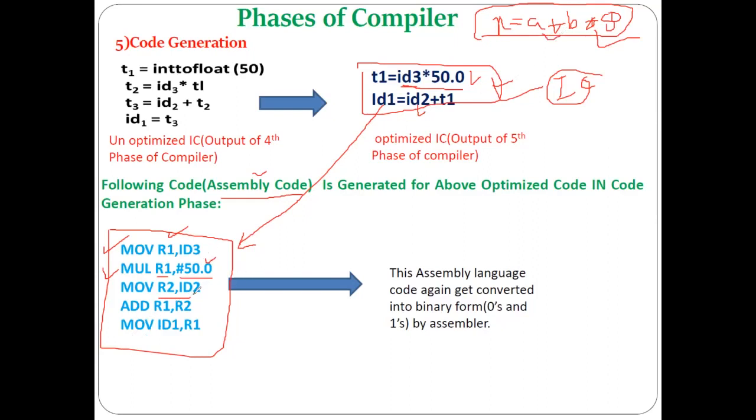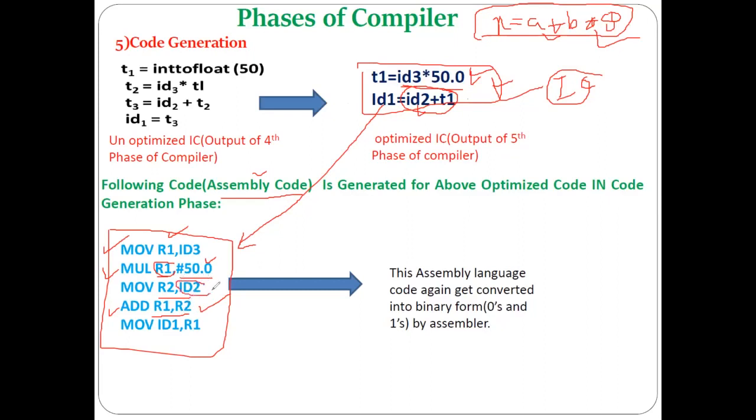So move a into R2. Then ADD R1, R2 is the machine instruction, meaning add the contents of R1 and R2. Now what was in R1? R1 is containing the result of this multiplication, and R2 is containing what?